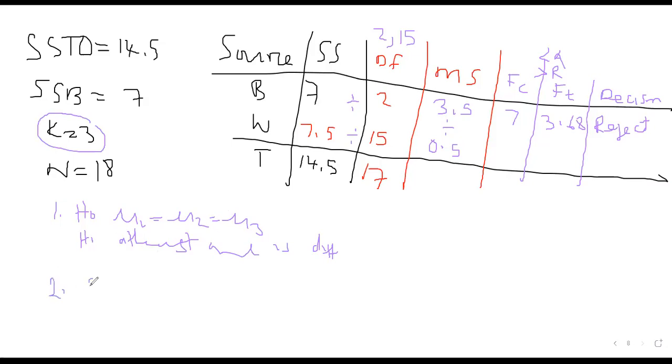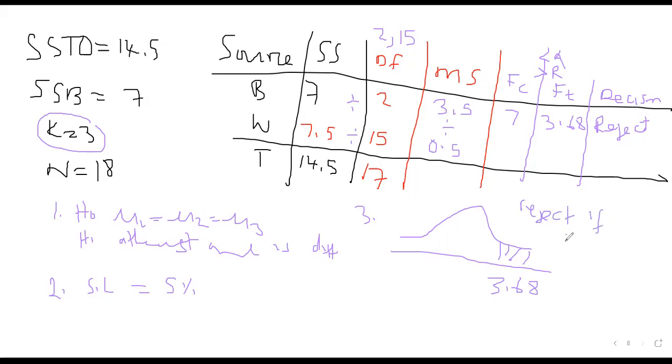Number 2, state the level of significance: 5%. Number 3, state the decision rule. We're going to reject H0 if F calculated, not Z, is greater than what we found in the table, which is 3.68.